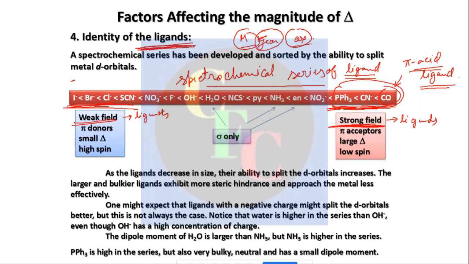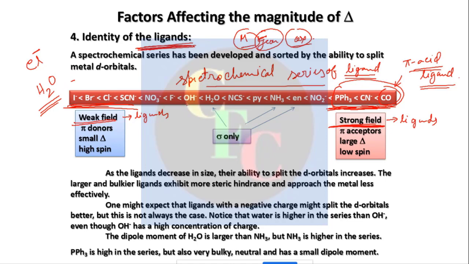Now from this you see, if you consider crystal field theory, as we have seen, which considers ligands as only point charges, then you expect that Cl minus, which has a negative charge, will affect the splitting more than a neutral ligand like water, because water is neutral.